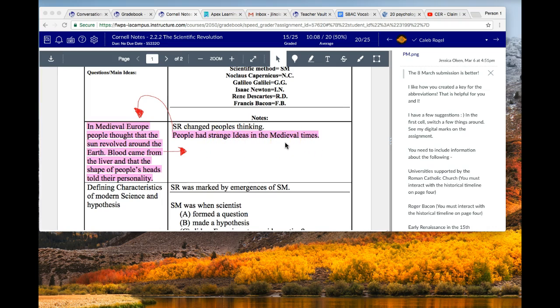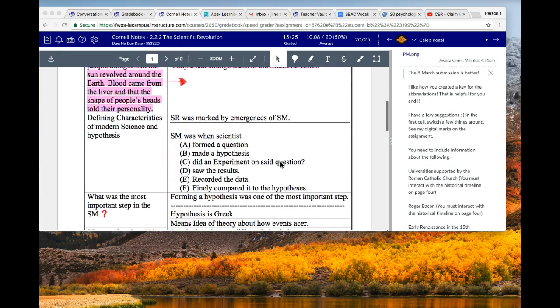But that's the big overarching, the umbrella idea, if you will, for this section. So I would take this sentence or partial sentence and put it in this column, and then this is kind of the explanation for this main idea. So you're just going to take this and move it over, okay?